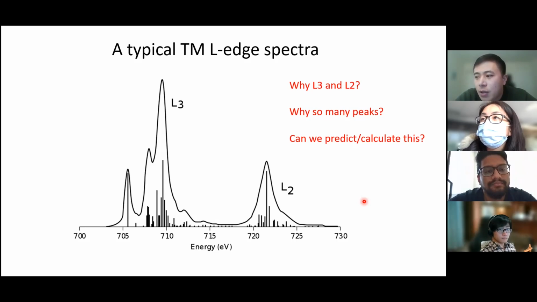He also has a Chemical Reviews paper on soft X-ray, which includes both the light element K-edge, for example oxygen or fluorine, and also the transition metal L-edge. I think it was published two years ago or so.